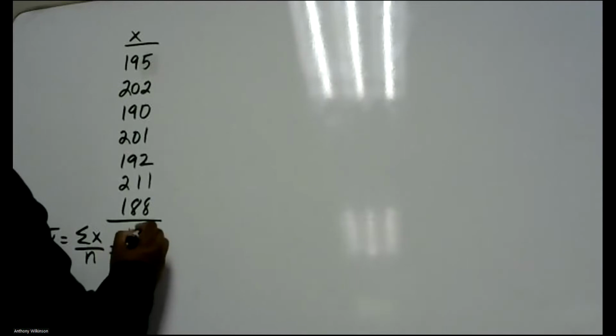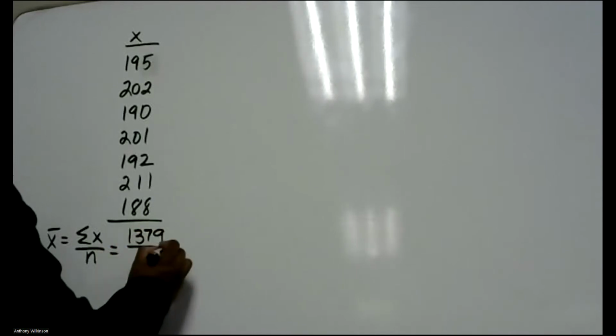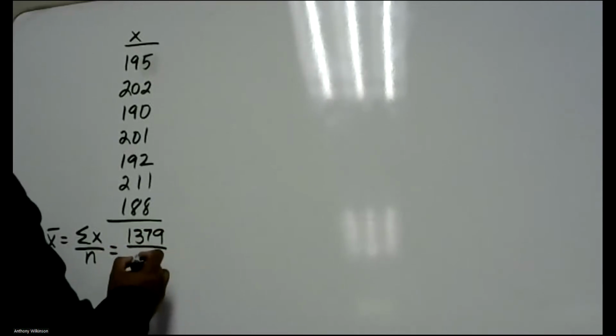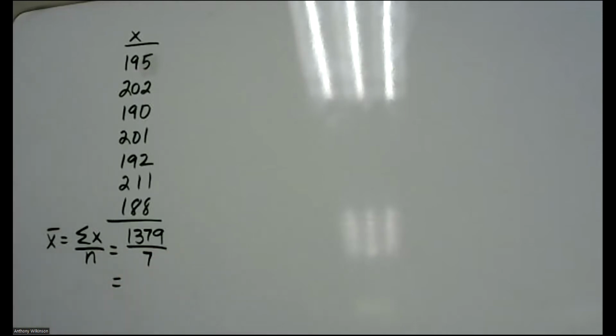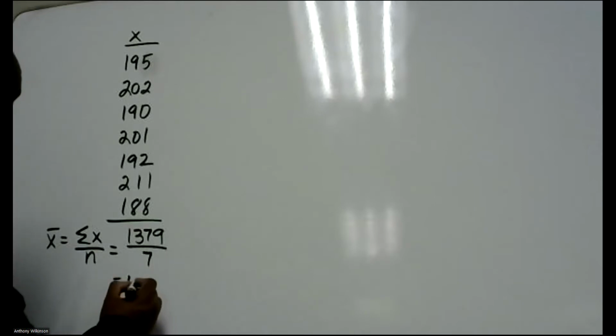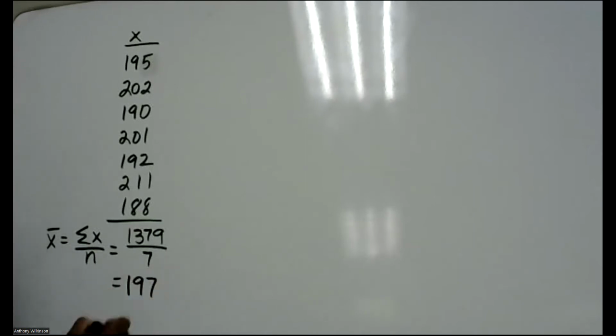This will be 1379. And there are 7 data values, so I do 1379 divided by 7. Oh, that's good, because we came up with a whole number for the mean: 197. For a moment there, I thought we were going to get a decimal value. So the mean of this data set is 197.